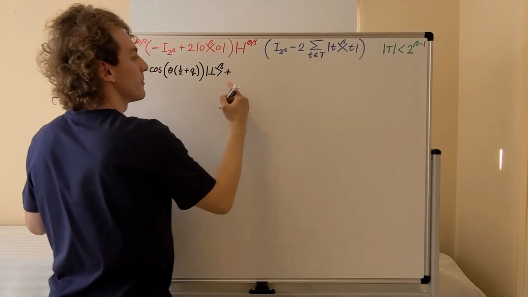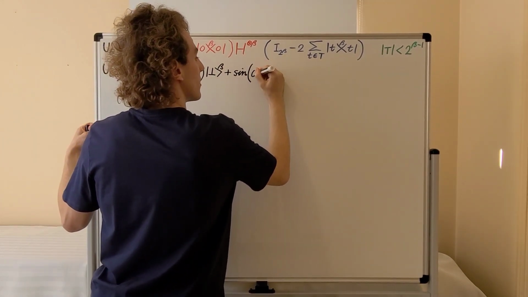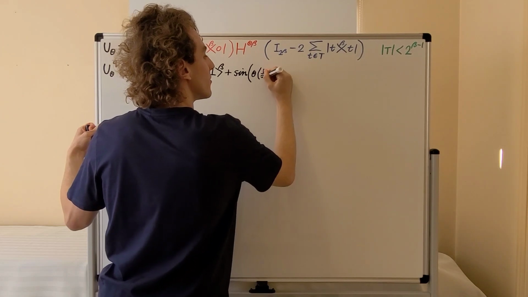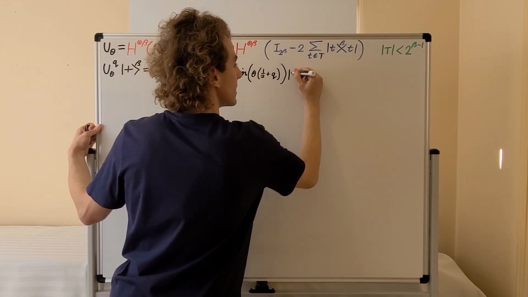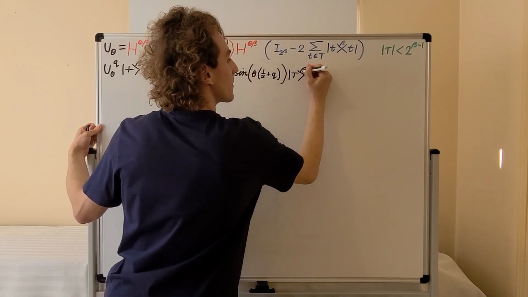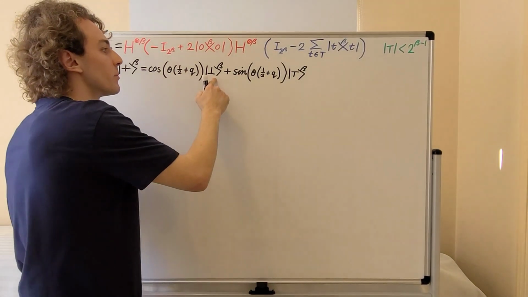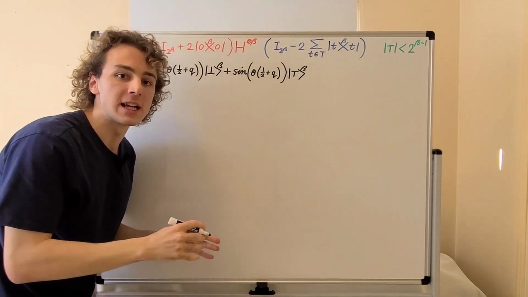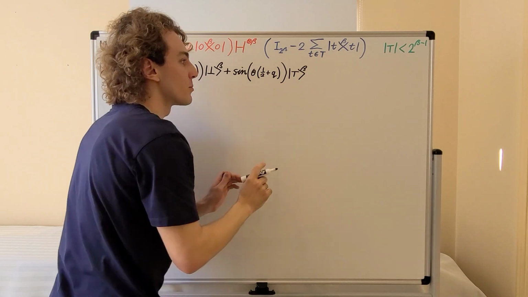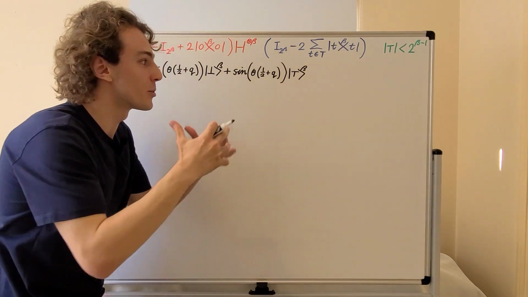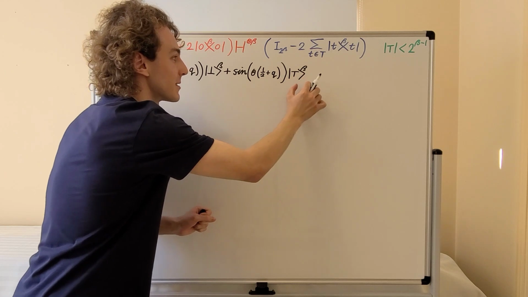And then we're going to have another term, so plus sine of theta times 1/2 plus q, and that's the coefficient of the target superposition. The non-target superposition is a uniform superposition of all of the non-target beta qubit computational basis states. The target superposition is a uniform superposition of all of the target beta qubit computational basis states.